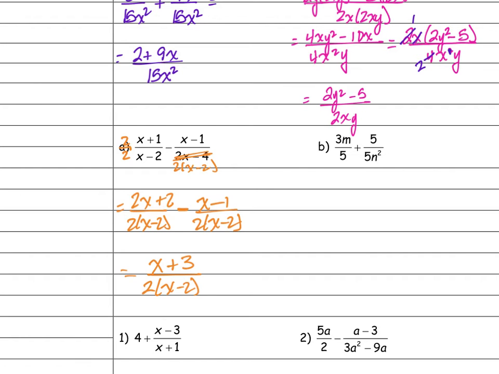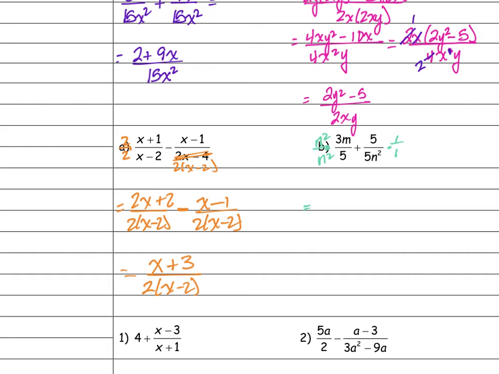Okay. And then the next one, I'm going to ask myself the same question. What does the denominator in the first term need that the second term has, which is n squared, which means I'm going to multiply the top by n squared and the bottom by n squared. And then what does the second denominator need that the first one has? Nothing. So I can multiply by 1 over 1 if you want. You don't need to.